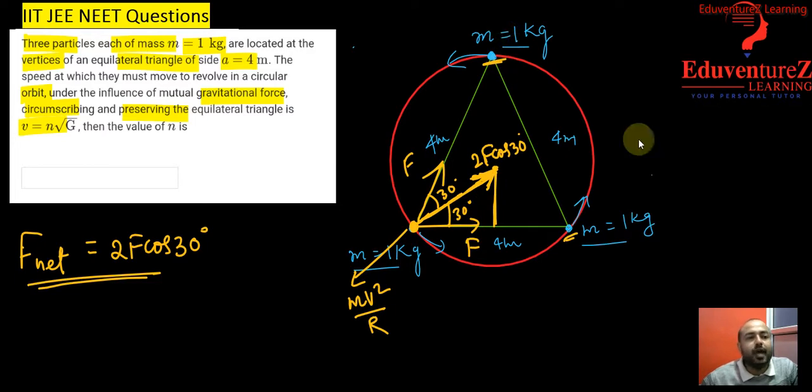As we know, in the case of an equilateral triangle, the centroid divides the height in a 2:1 ratio. Suppose the side is a.